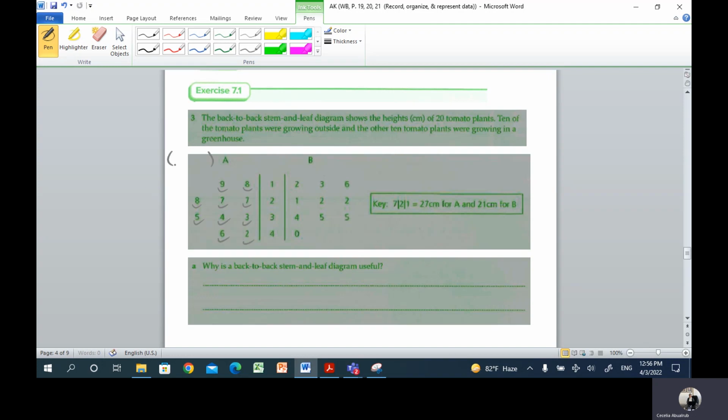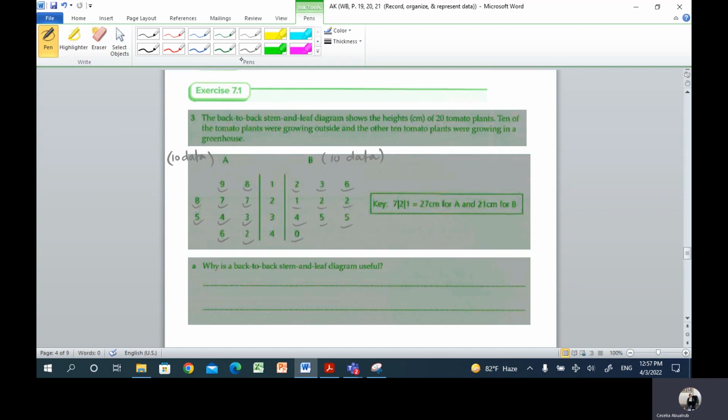So 10 data in A, and here 1, 2, 3, 4, 5, 6, 7, 8, 9, 10, and 10 data in B.